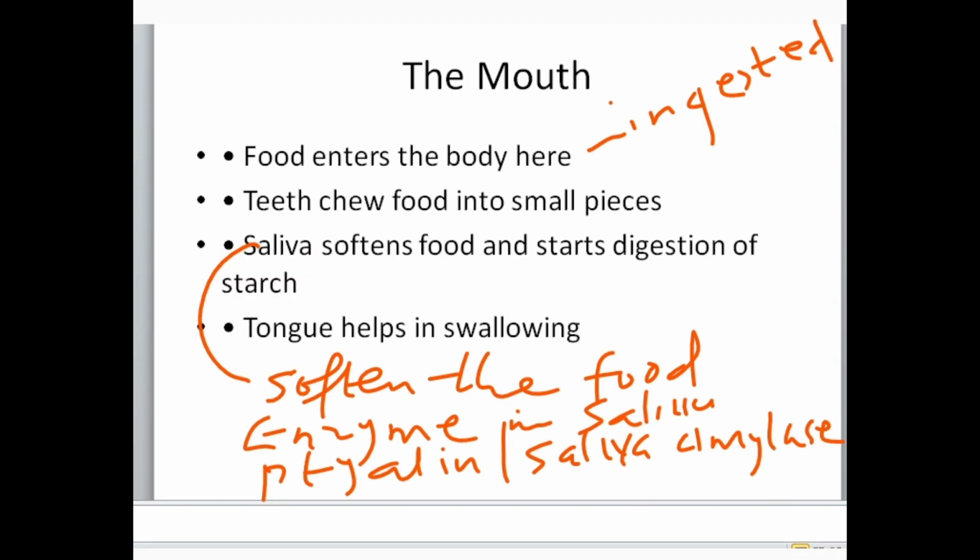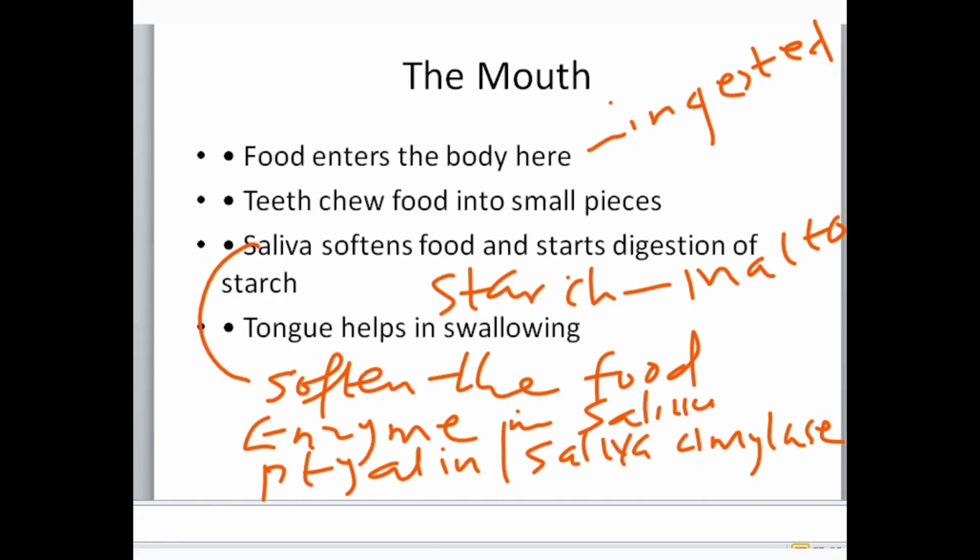Now, this salivary amylase or ptyalin acts on starch. It acts on cooked starch and converts the starch to maltose. Starch is converted to maltose by the ptyalin.